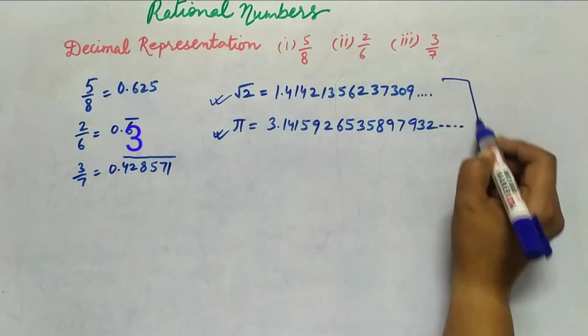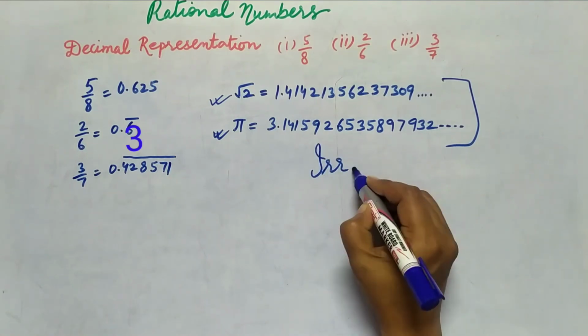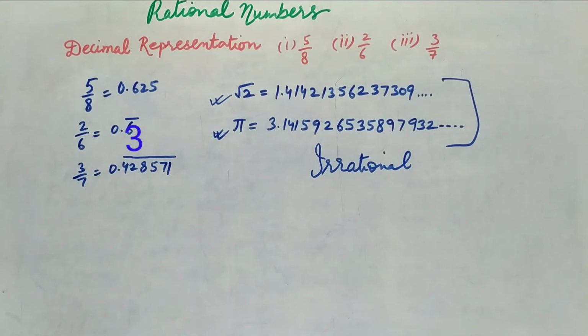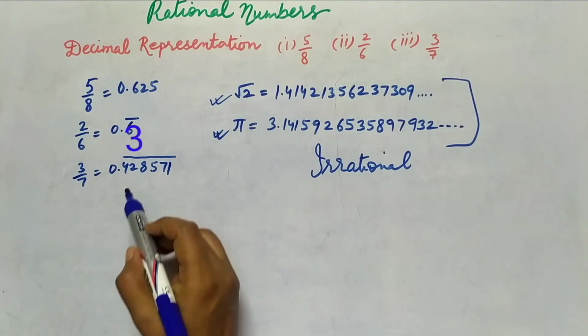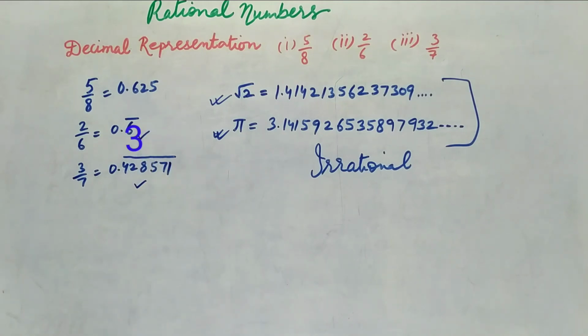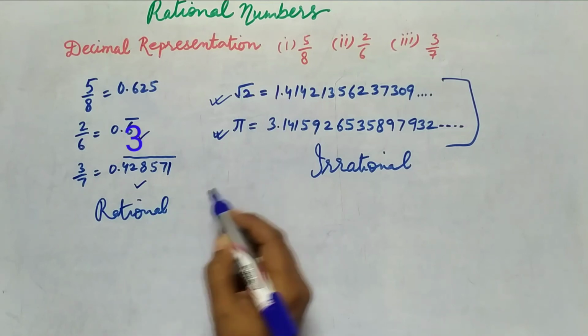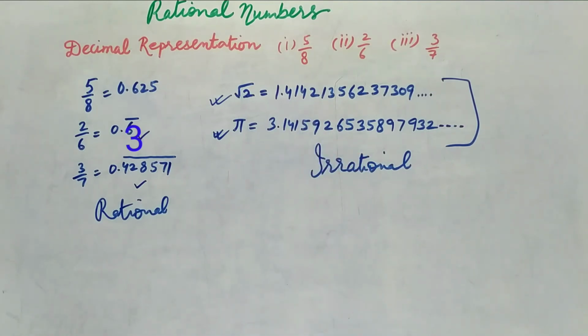So these two numbers are irrational numbers. They are not rational when they are non-terminating and non-recurring. They are not occurring again and again like here or here. So these are the rational numbers, and this type of numbers are irrational numbers.